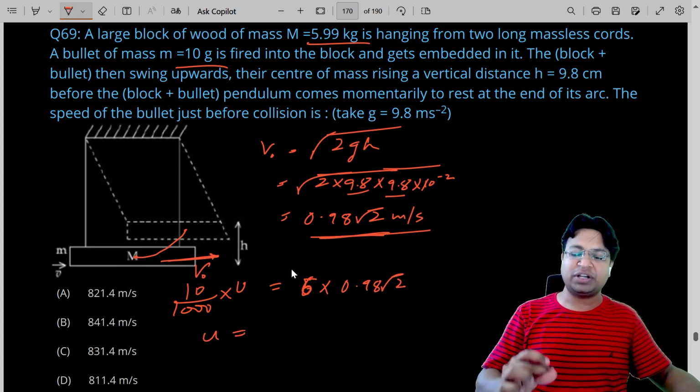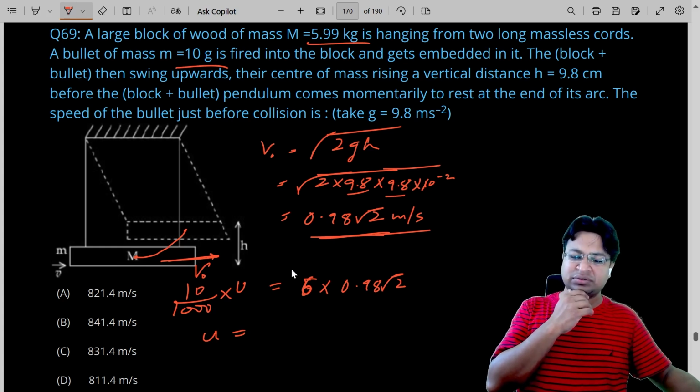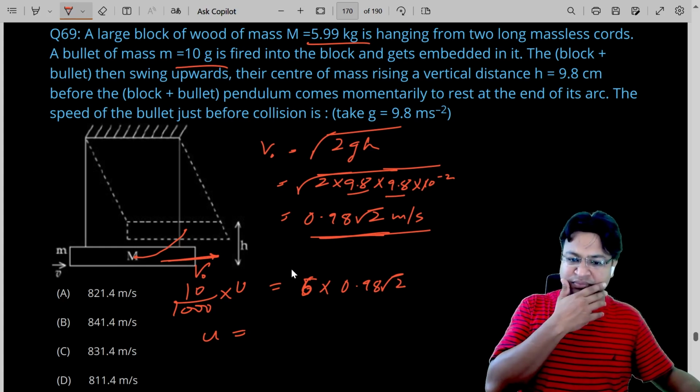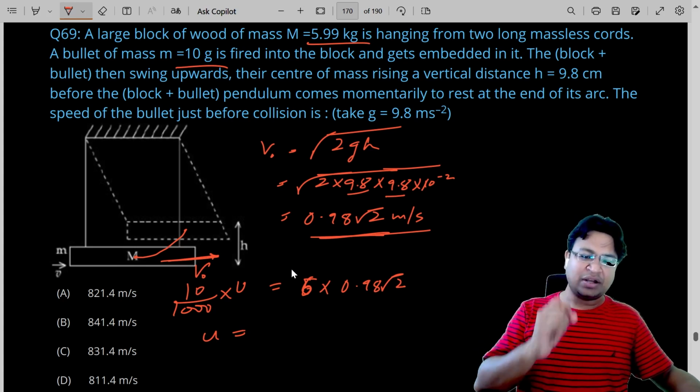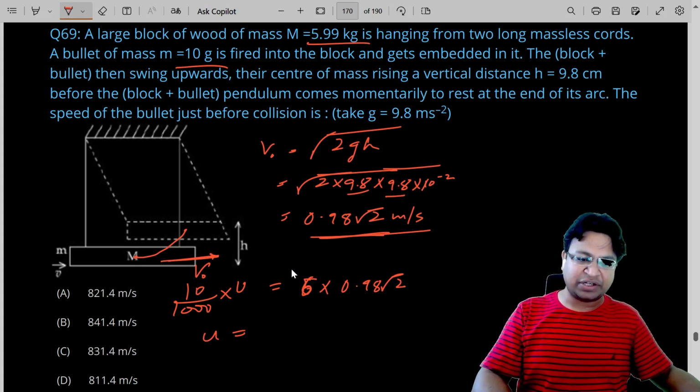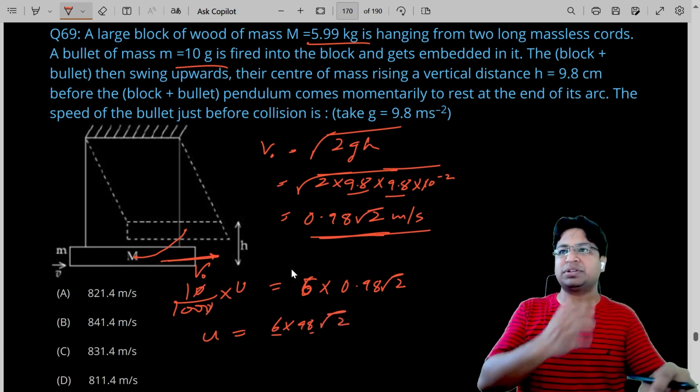So 6 into 0.98, that is almost like how much? Let me first write it here. So 6 into 98, root 2 is the answer. So 6 into 98 is how much?